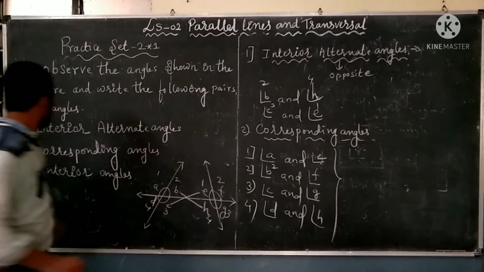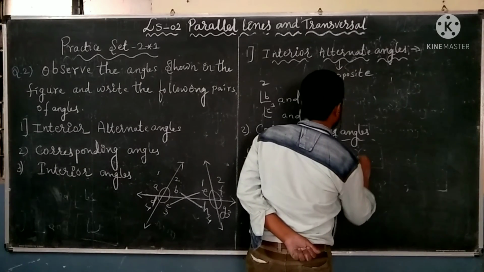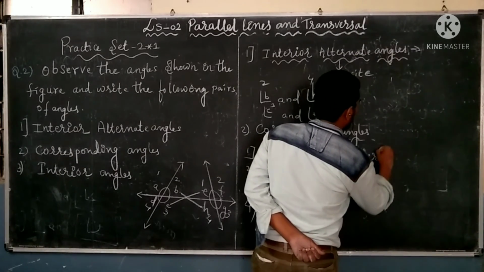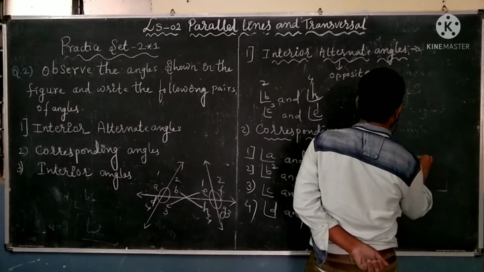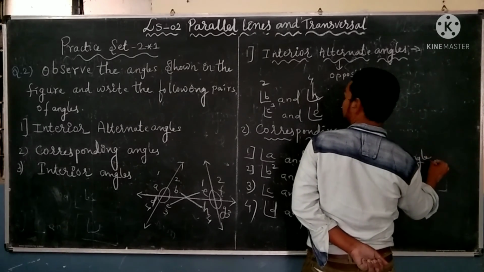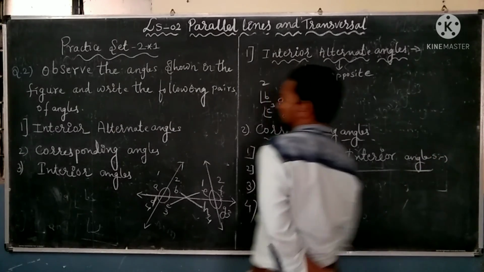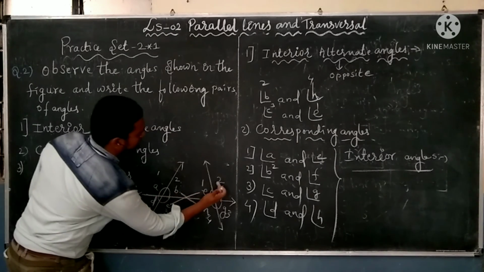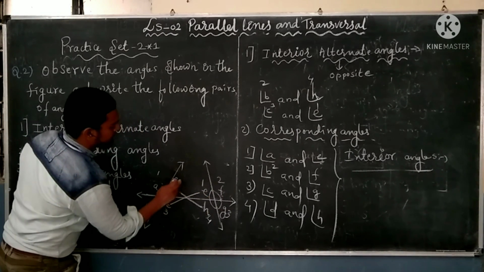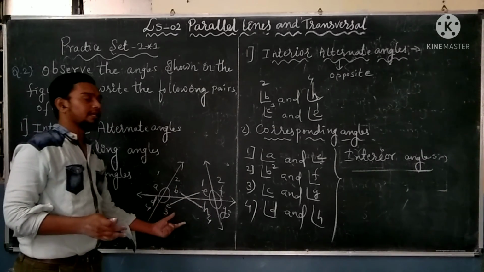And the last one, third one is interior angles. Interior means, you already know which are the interior angles. How many interior angles are there in this figure? First of all, this is the outer side. This one is also the outer side. These 4 angles are on the inner side.